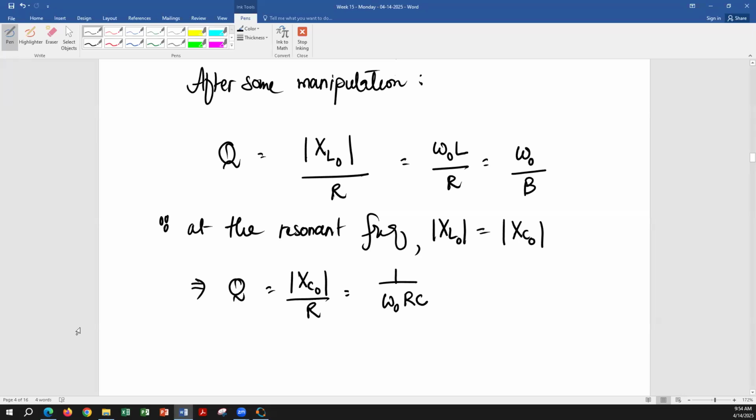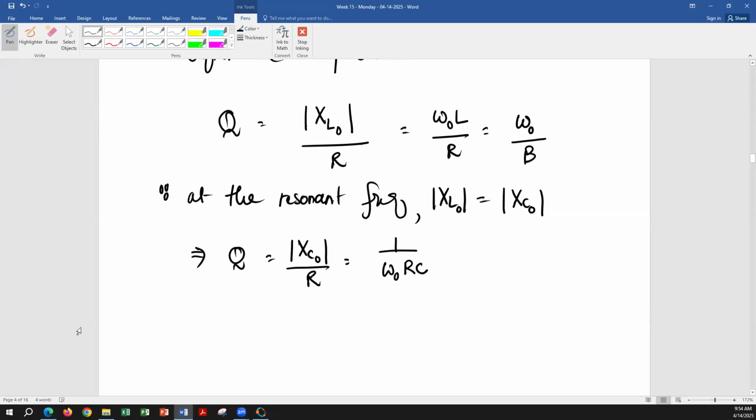Cutoff frequencies can also be given in terms of quality factor and the center frequency. So let's look at that.